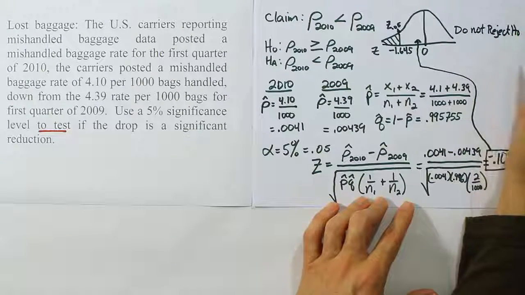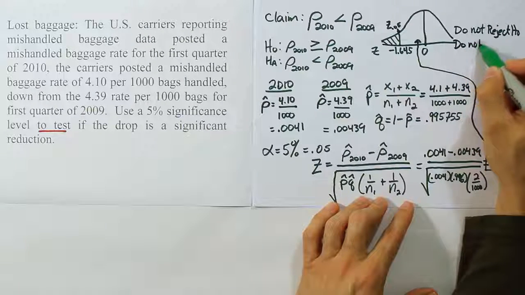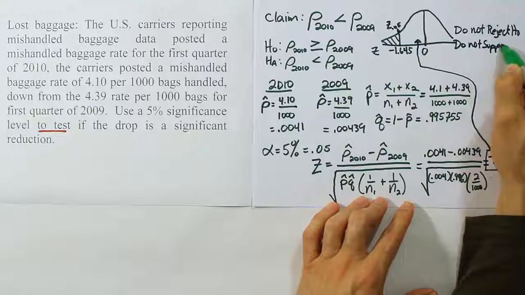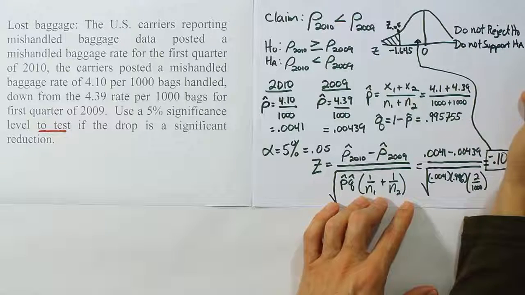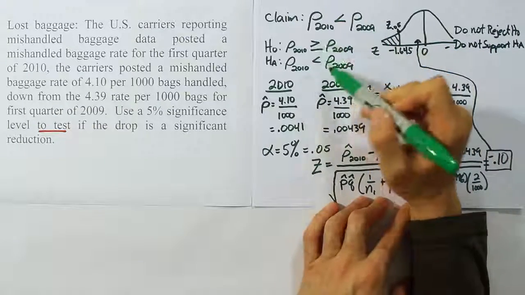H0. And because we say do not reject H0, we're going to say then do not support HA. And of course, if you're not supporting HA, you're not supporting the claim, because the claim is the same as HA.